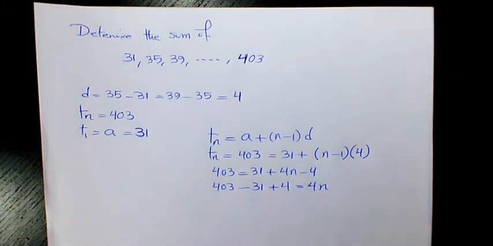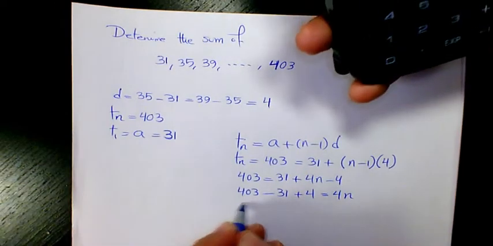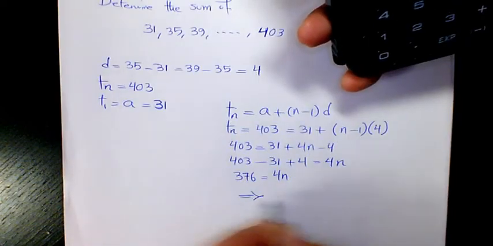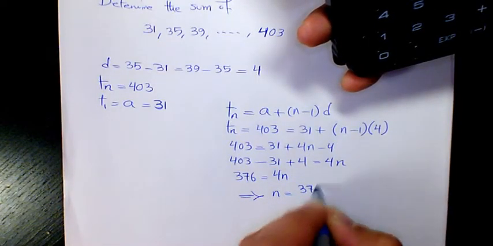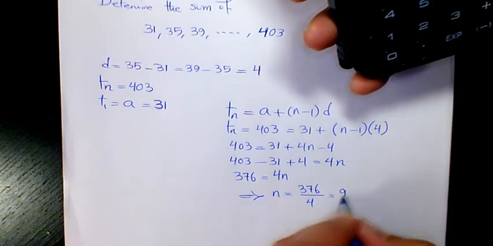So when you calculate it, 403 minus 31 plus 4, it is going to be 376 equals 4n. So n will be 376 divided by 4. That's going to be 94. So we have 94 terms.